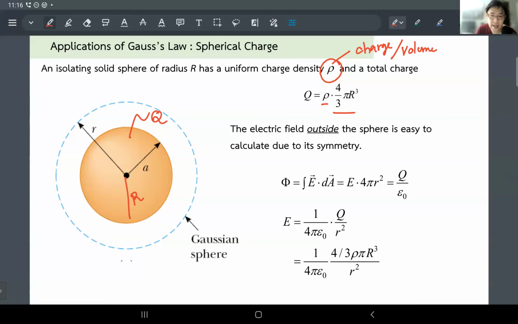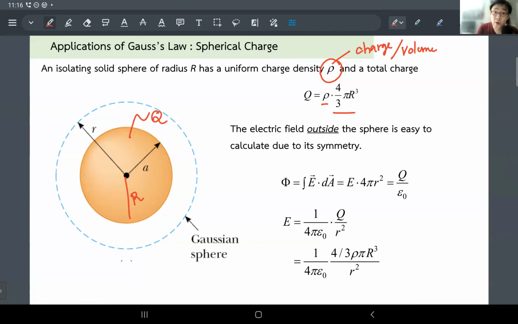Now the question is, find out what is the electric field outside this sphere. And you can see that the sphere still has spherical symmetry, because once again, if I place this sphere in a pitch black universe, there's no up, no down, no left, no right, no front, no back, no north, no south, nothing.